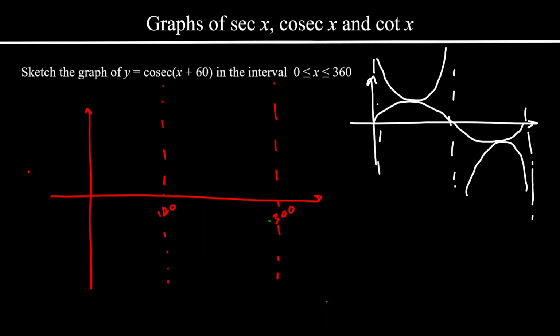And our points: that was at 90, 1, it's now going to be at 30, 1. And 270, negative 1 is now at 210, negative 1.